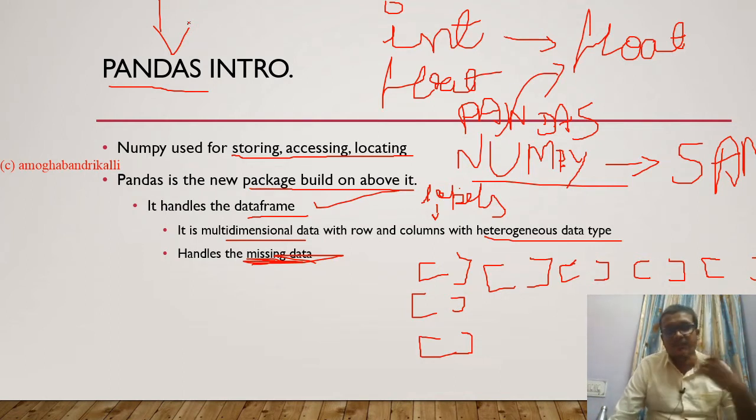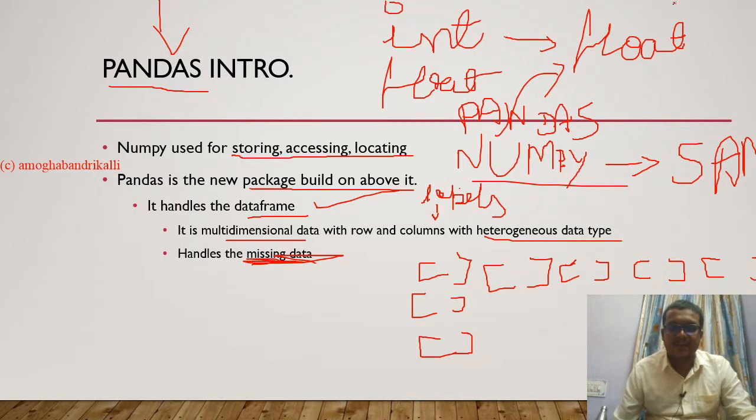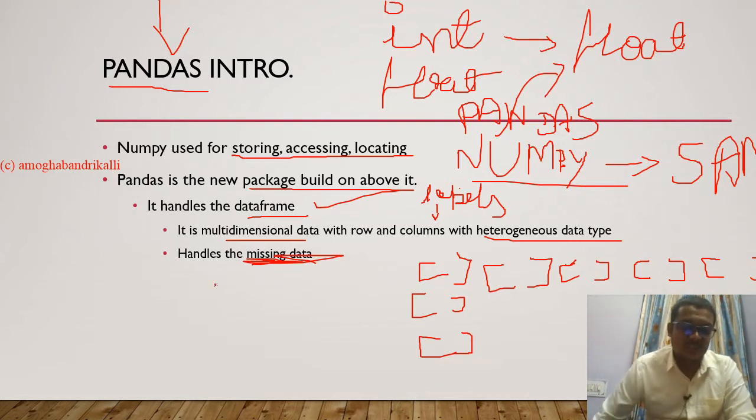It is left to the user. You can add a new value based on the neighboring values, or you can fill with a user-defined value, or you can delete the missing data. That is going to be handled by pandas. This was another important feature provided in Python to handle the missing data.